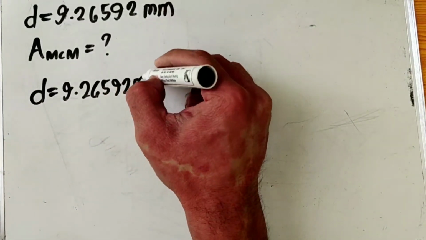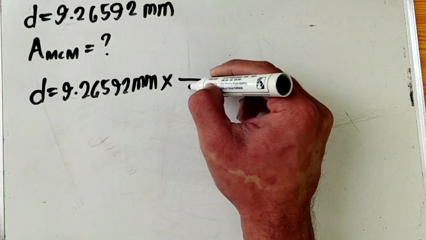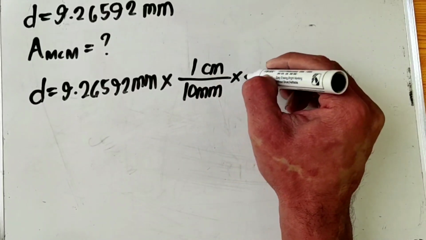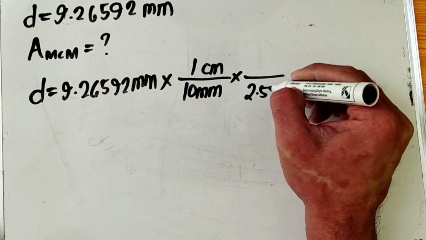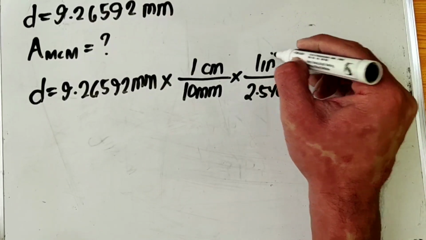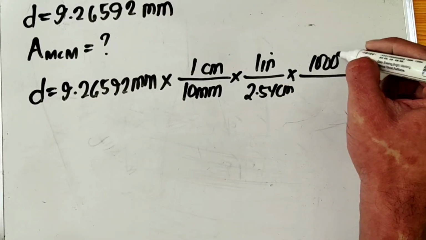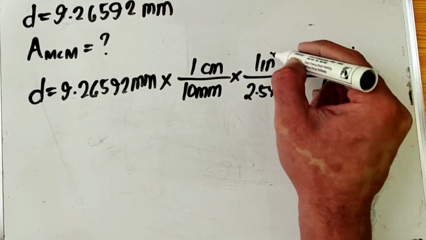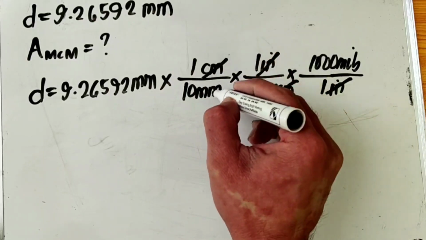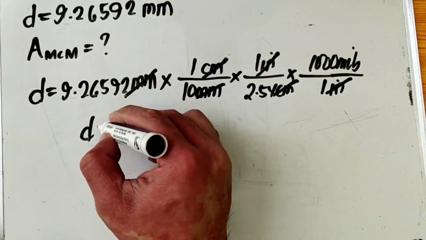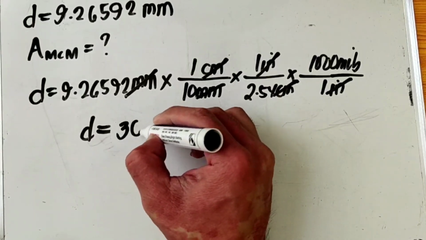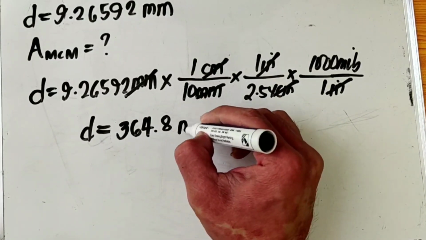So 9.26592 millimeters times 10 millimeters in 1 cm times 2.54 cm in 1 inch, and we have 1,000 mils in 1 inch. So cancel the inch, cancel the centimeter, and also cancel the millimeter. We will arrive at the diameter in mils, which is equal to 364.8 mils.